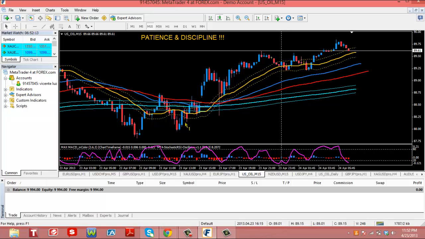Now, when price breaks above, and the 21 is leading, it's above the 55 and 89. So we need price to break, and then the 21 above, right here, as you can see, the 21 above the 55 and 89.